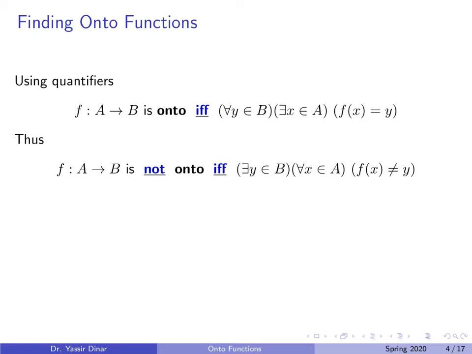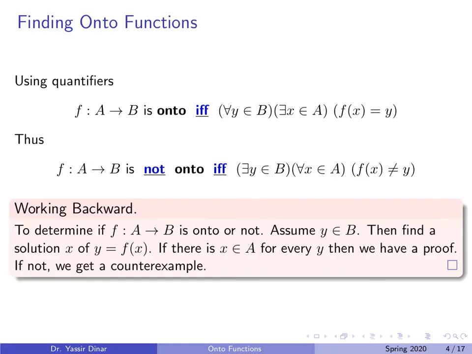The negation is I can find y in the codomain, which is B, such that for any x in the domain A, f of x doesn't equal y. This means that y is not in the range of my function f.